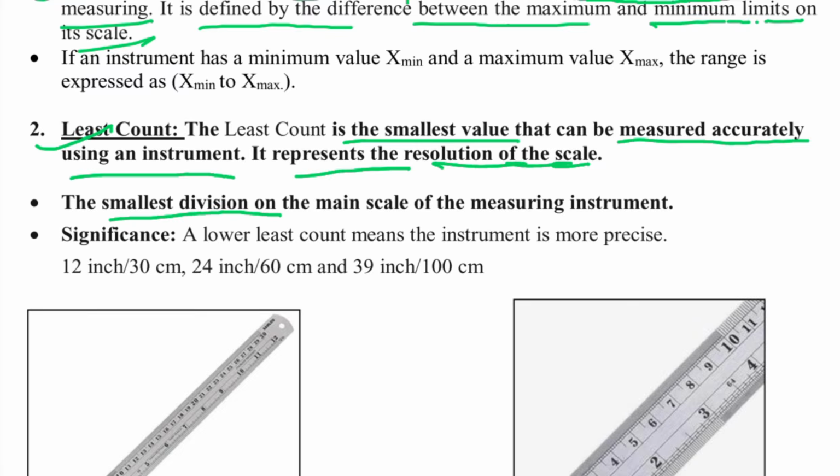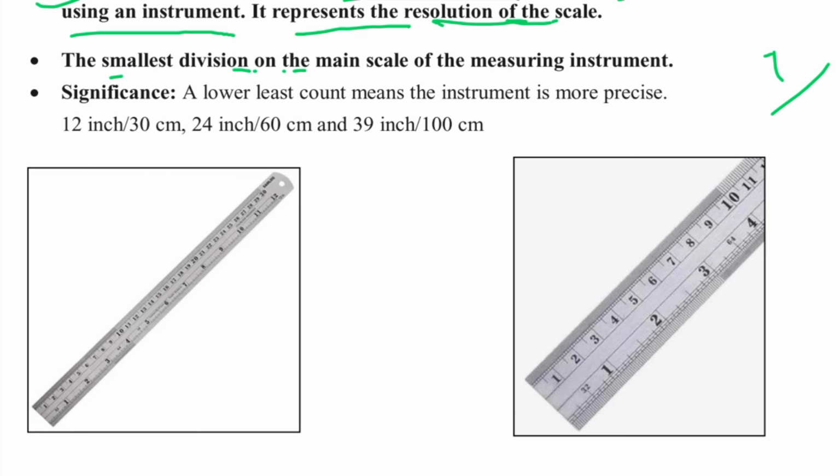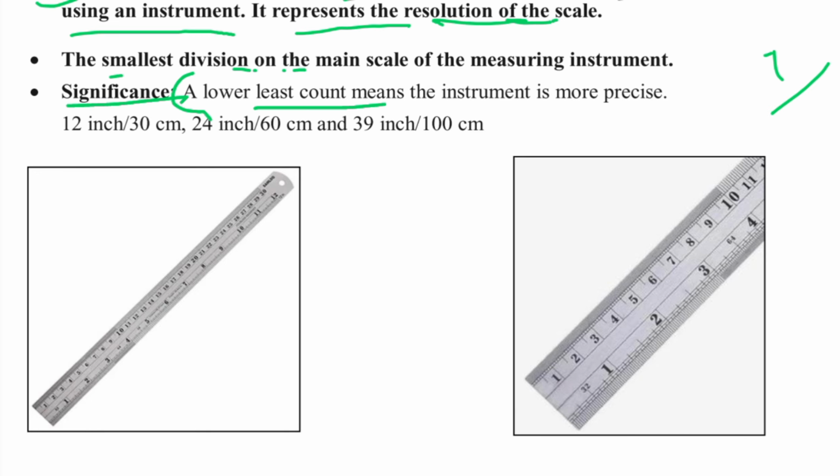The smallest division on the main scale of a measuring instrument is the least count, right? Now what is the significance of least count? A lower least count means the instrument is more precise.